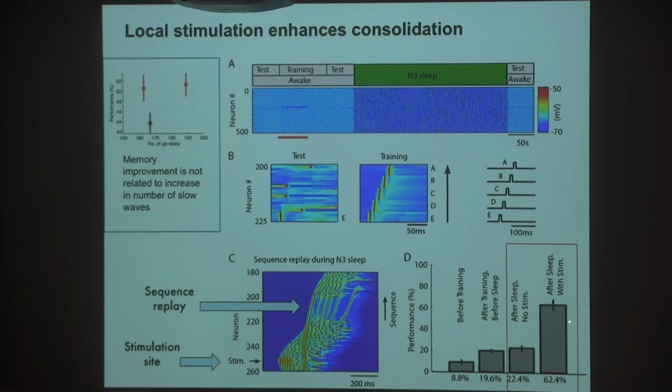However, if we add stimulation, it significantly improves performance of completion of that sequence. Now, interestingly, that improvement is not related to a high number of slow waves. We actually did control for that. Stimulation can slightly increase the frequency of slow waves, but if we compensate for that by reducing the duration of sleep, we still have improvement.